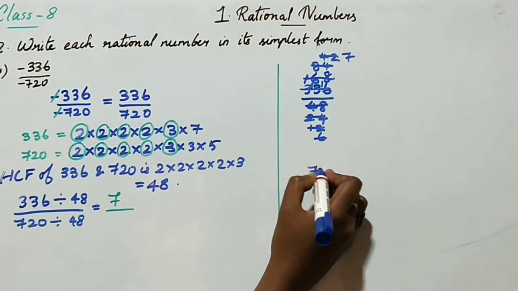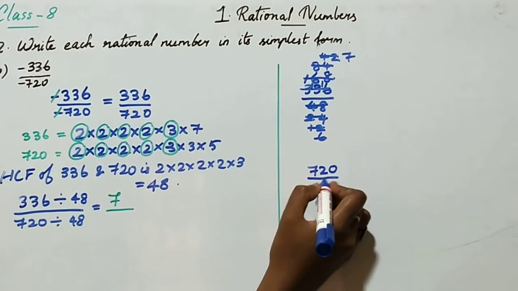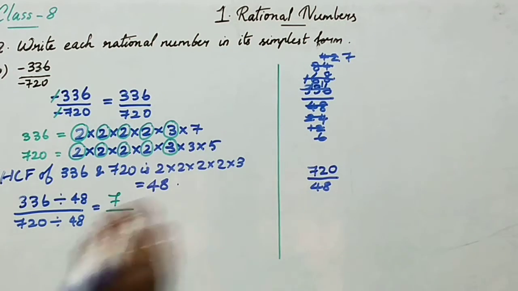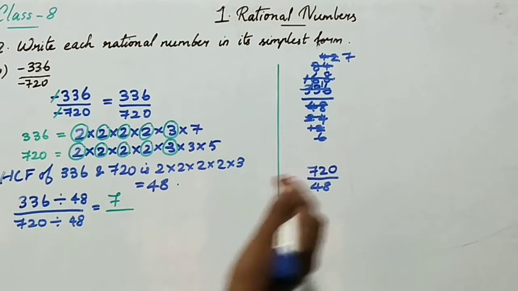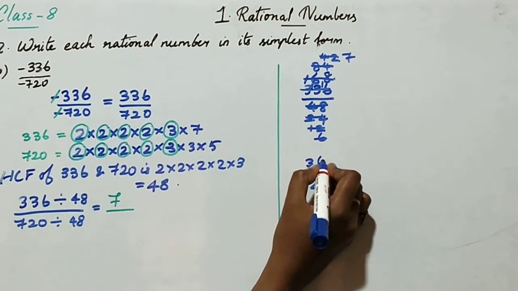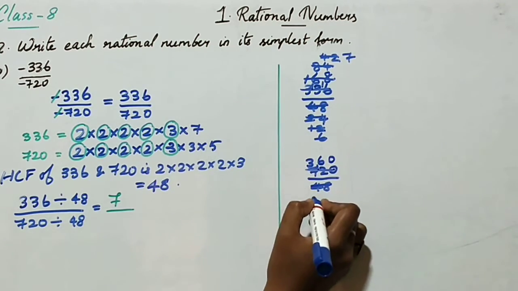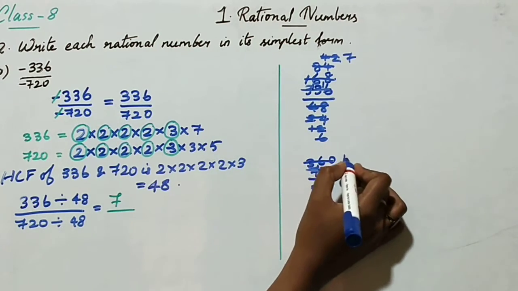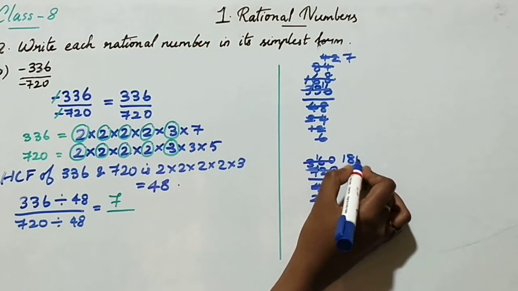So 720 by 48. Okay. So if I cancel it, it will be in second table, right? So here 3 2s are 6, balance 1, 6 2s are 12, 0. Here it is 2 2s are 4, 4 2s are 8. Again in second table, 1 2 is 2, 8 is a 16, 0.